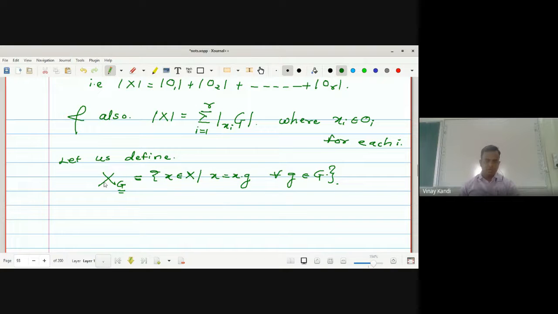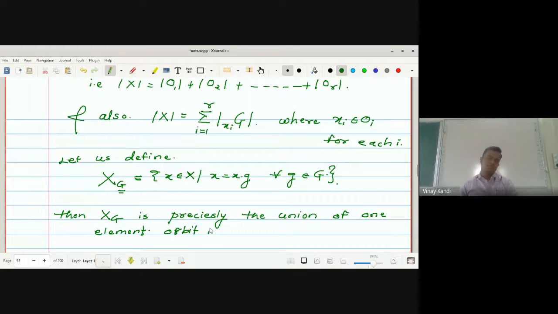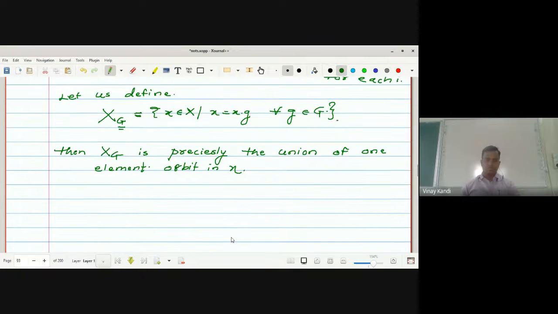So what is the meaning of this? XG is the set, look carefully, precisely the union of one-element orbits in capital X. What is XG?